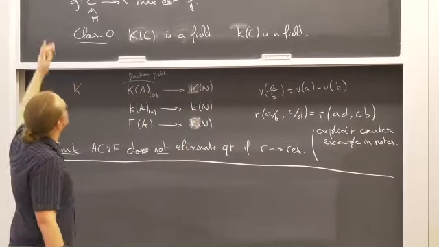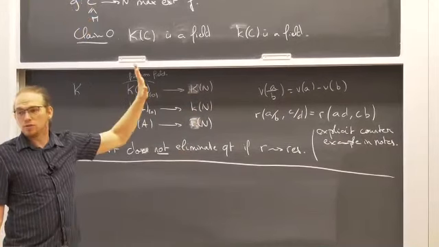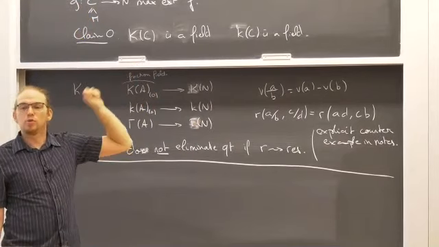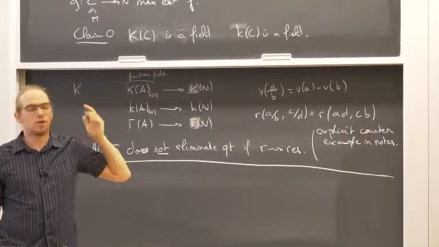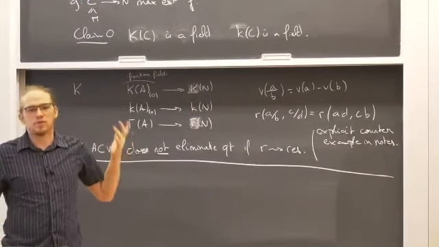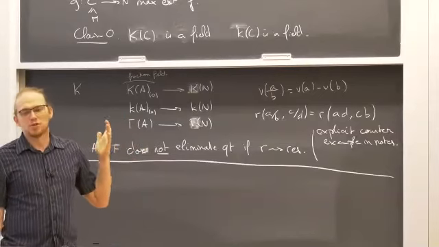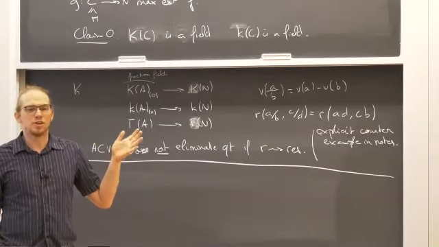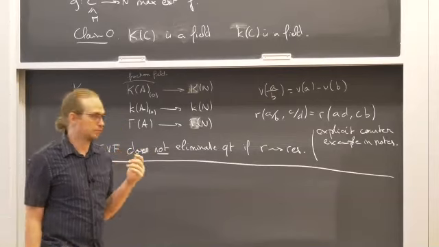It's essentially the same reason that if we were working just in the field sort with just one sort, and we put a symbol for the valuation ring, you don't have QE either, because you have essentially the same problem. You need something that talks about division. So you can either put division, which I don't like to do because it's a nasty function, or you can put the divisibility predicate, which talks about division.